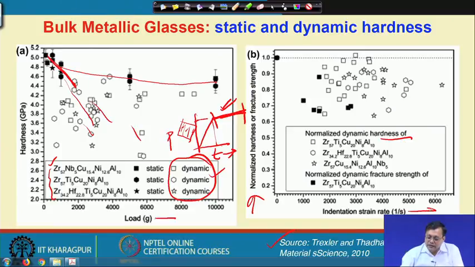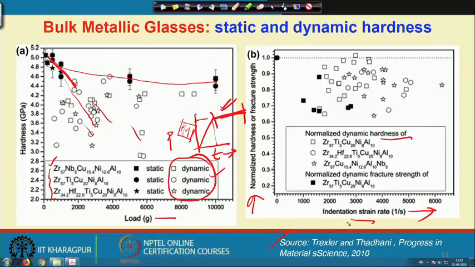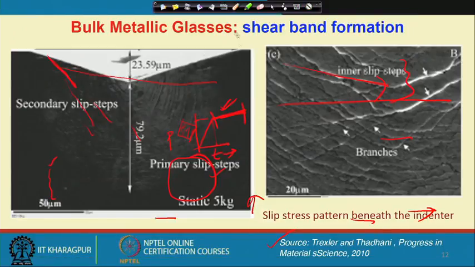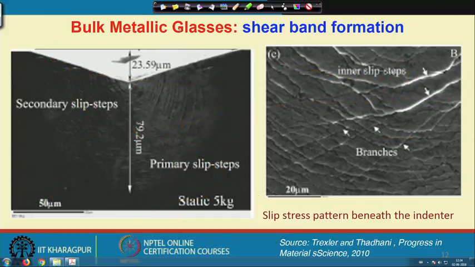If we increase the indentation strain rate, very high indentation strain rate may lead to a decrease of the overall fracture strength of the material, somewhere on the scale of 30% from the ideal strength. Compared to crystalline alloys, these values are very high, so we can use this material as a kinetic penetrator also.